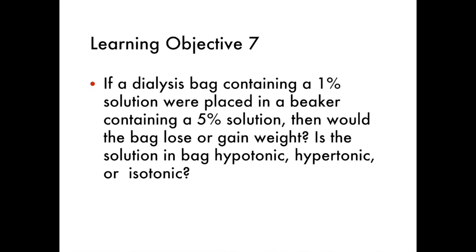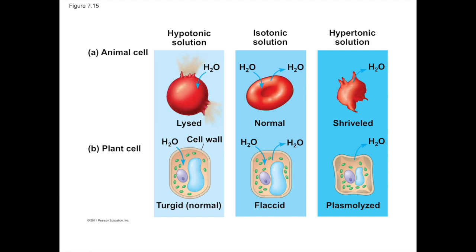Give you a second to think about it. So what's going to happen? In a hypotonic solution, water is going to leave the bag, right? Let's go back and look at this. We've got a hypotonic solution that's surrounding the dialysis bag, or in this case, the red blood cell.